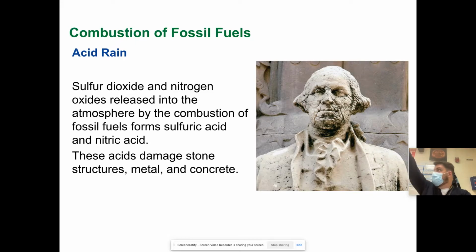When it rains, the water comes down through the air and collects the acid. Over time, that acid rain will basically deteriorate things like stone, metal, concrete, and it's not good for us. Okay, that's why it's so important to try not to use a lot of fossil fuels and release these harmful gases.